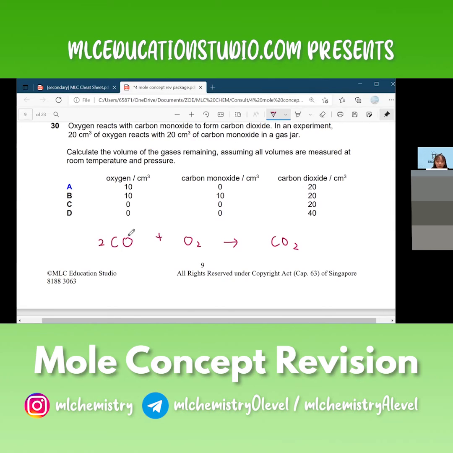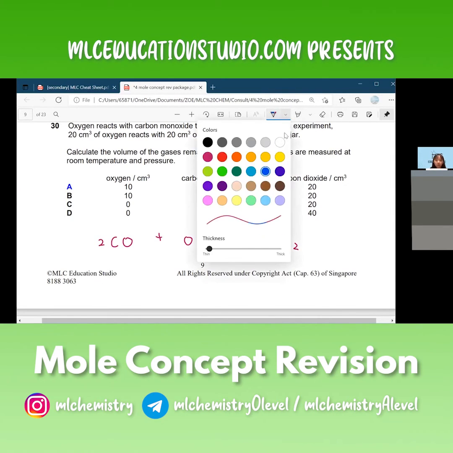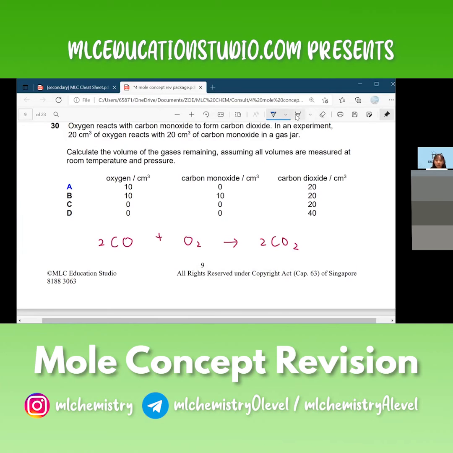Balance it. So 20 cm3 of oxygen reacts with 20 cm3 of carbon monoxide. Write down first 20 cm3, 20 cm3. Just now I already mentioned if you want to compare mole ratio for gas, you can directly compare volume.